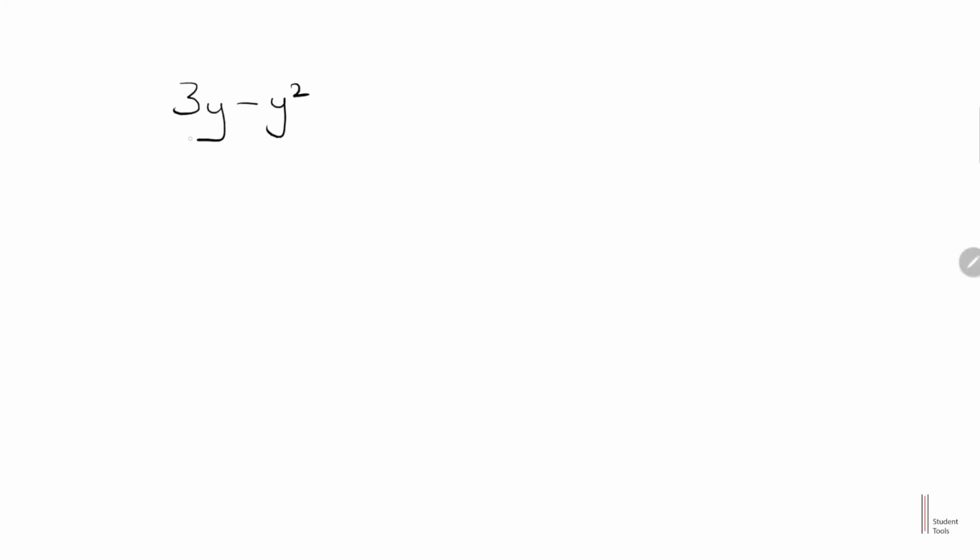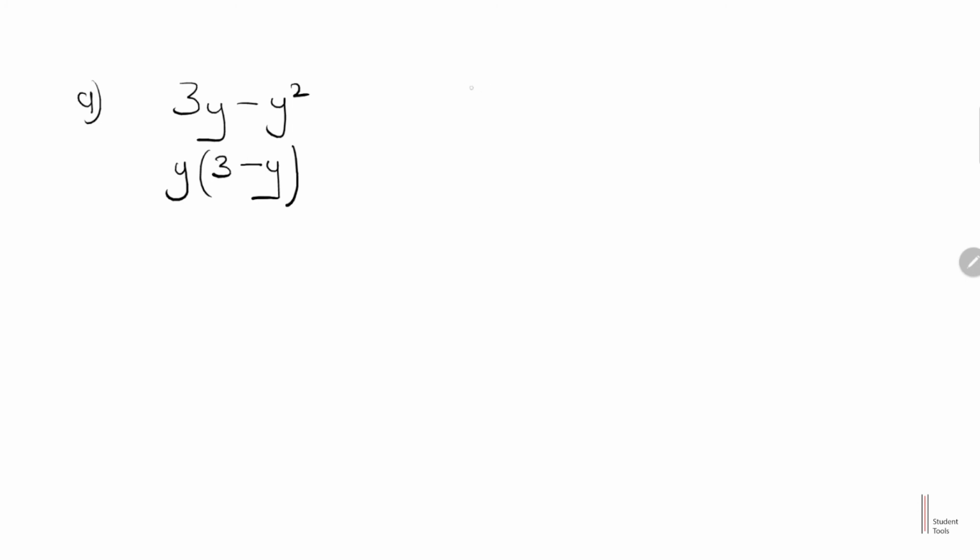So here we have a common factor of y. We are going to factor it out and open brackets. So to get 3y, we have to multiply y with a 3. And to get minus y squared, we have to multiply y with a minus y. And that is just how we factorize a.